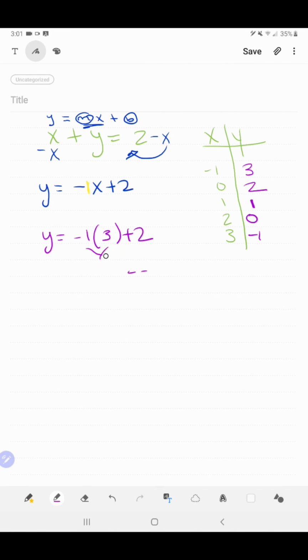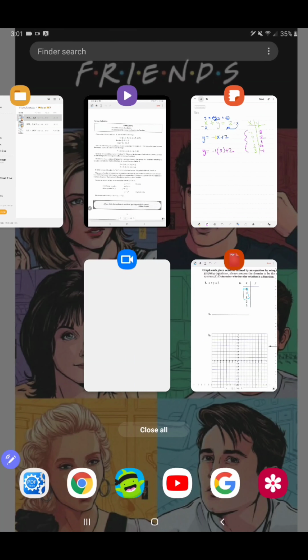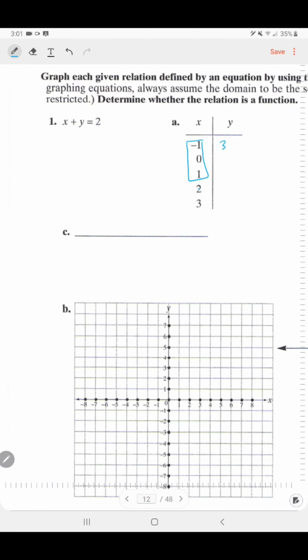So before we go back and graph it, just looking at your y's, 3, 2, 1, 0, -1, and your x's, no repetition, which means it's going to be a function. So yes, this is a function.